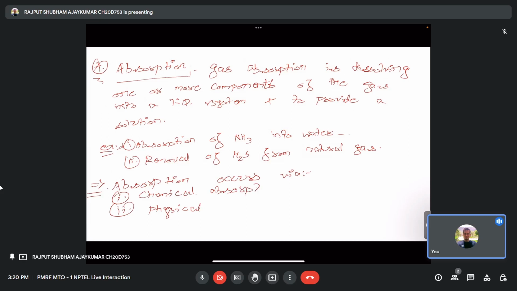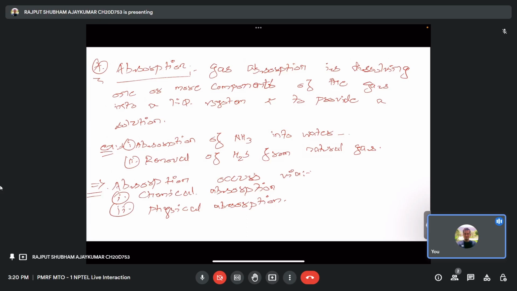There are various examples for both. For chemical absorption, we can consider the chemical reaction between CO2 and amine solution, whereas for physical absorption we can consider oxygen present in the air dissolving in water. These are some of the examples.